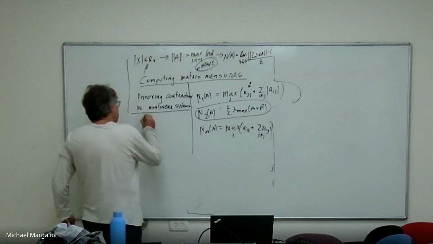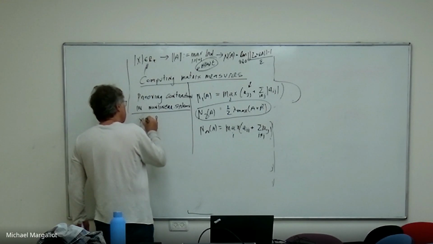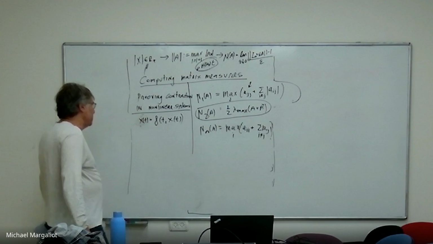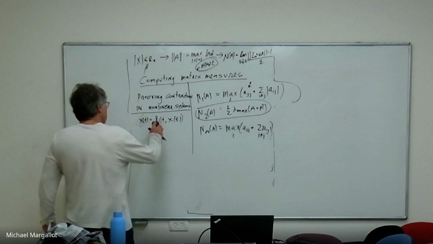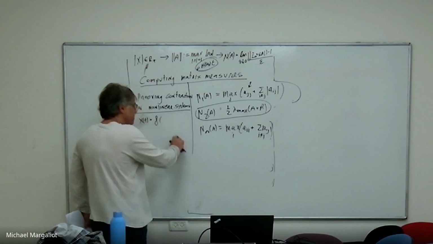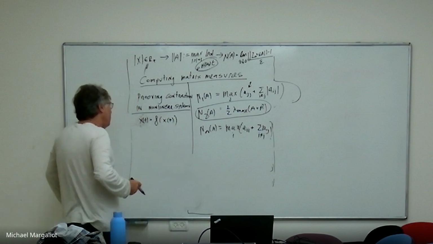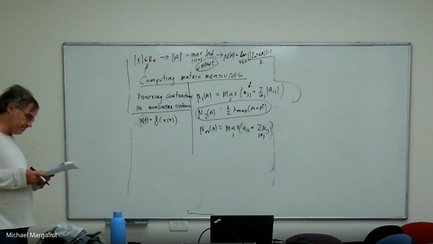So remember that this was our nonlinear time-varying dynamical system. Now, for simplicity, so that we won't have to write this T all the time, let's assume that F only depends on X. So this is called a time invariant nonlinear dynamical system.